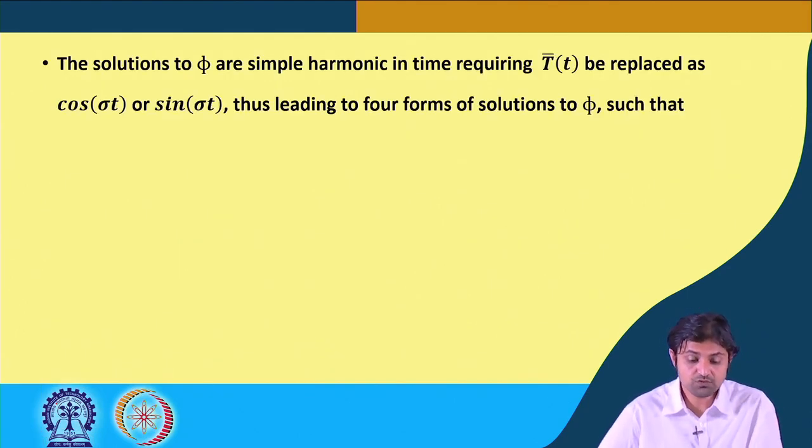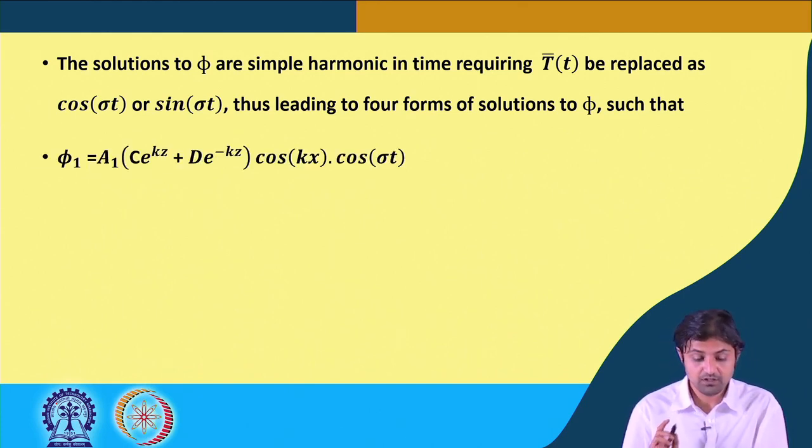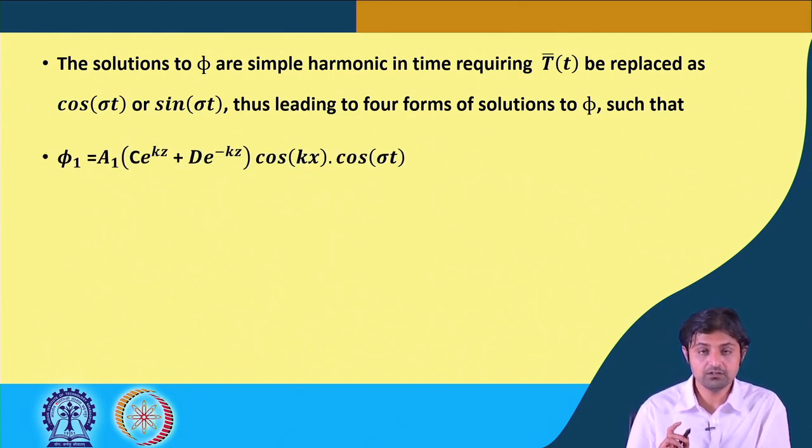Now, the solutions to phi are simple harmonic in time, because we know from before that they are waves and periodic in time. Therefore, T bar can be simply replaced as sin sigma t or cos sigma t, and therefore, with each of these values, we have 4 forms of phi.